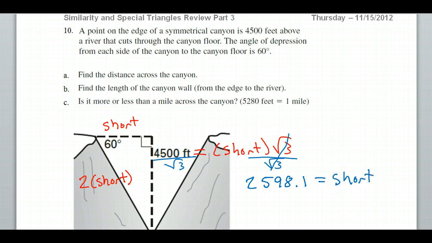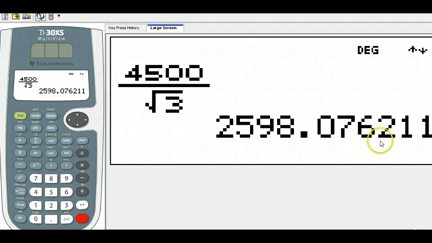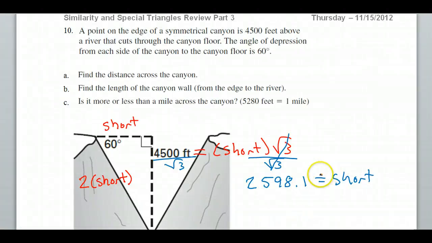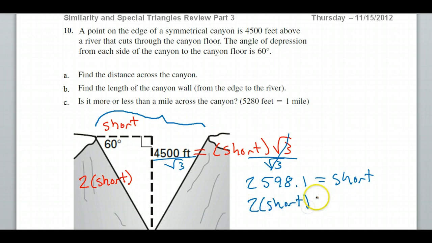Now, if possible, I'm going to try to save these decimals. I don't want to lose them until the very end. But anyway, that's the short leg. Remember, what we are looking for is the distance all the way across the canyon. So that's going to be double this. What we really need is 2 times the short leg. So 2 times this number.